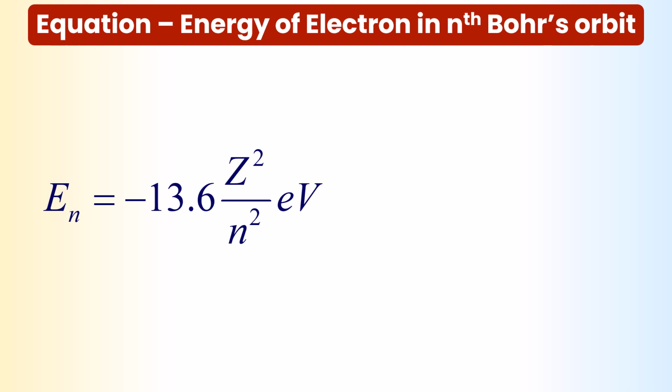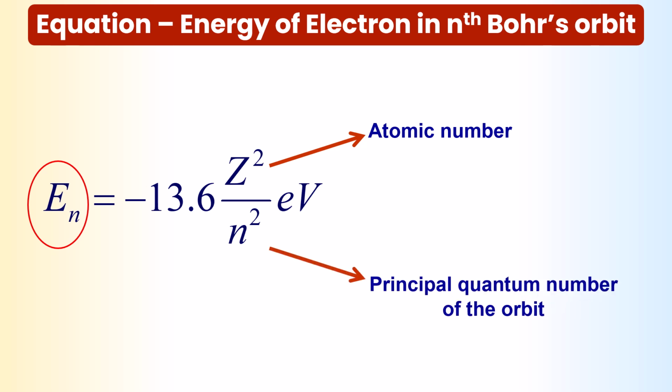Here, En represents the energy of the electron in the nth Bohr's orbit. Z represents the atomic number of the atom or ion, and n represents the principal quantum number, which indicates the orbit in which the electron is present.